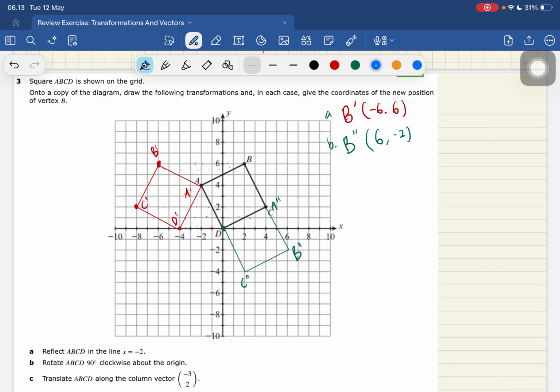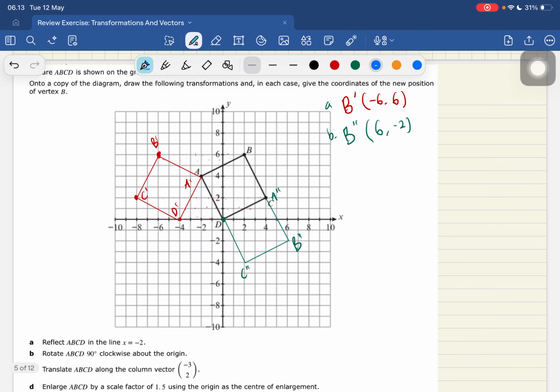Okay, next, C, we need to translate ABC along the column vector (-3, 2). So -3, we move it to the left. 2, we move it up. So A, move it left 3, and then 2 up. Here is A. B, move it left 3 and 2 up. Here's B. D, 3 and 2.